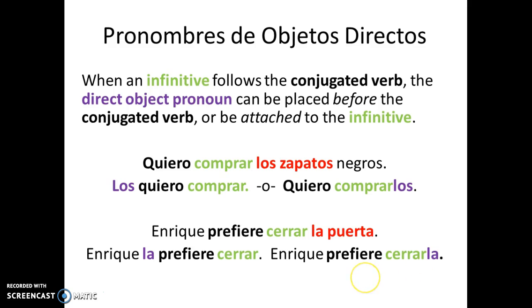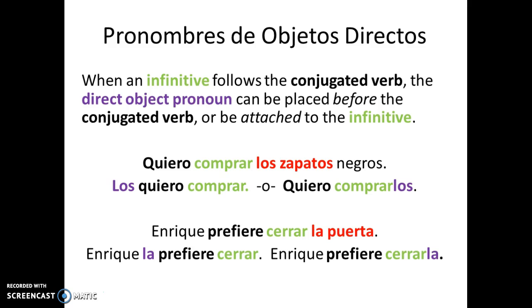Bueno, so in this lesson so far you have learned what a direct object is. It answers the question whom or what about the action of the verb. You have learned that a direct object pronoun can replace the direct object noun in a sentence. You have learned that the direct object pronouns in Spanish are me, te, lo, la, nos, os, los, y las.